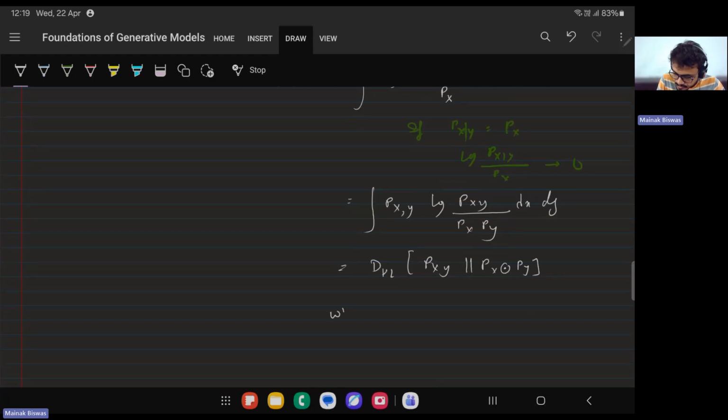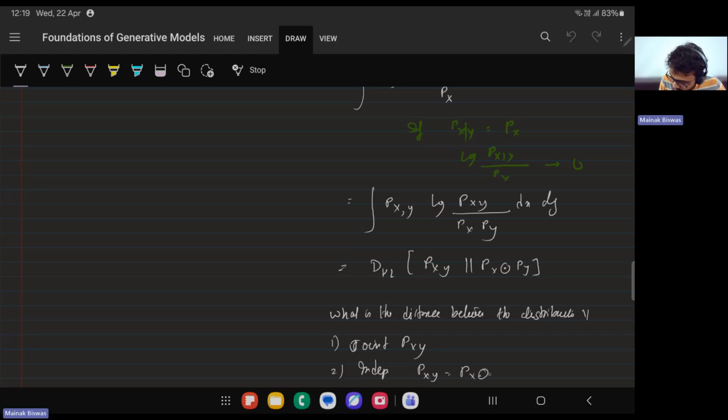What is the distance between the distributions, the joint p of xy and the independent distribution, p of x into p of y? If the joint goes to p of x into p of y, you have the minimum.